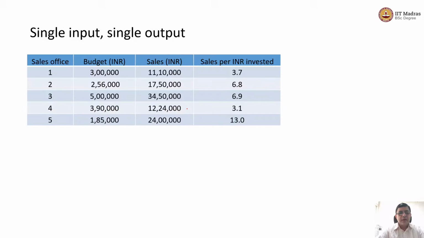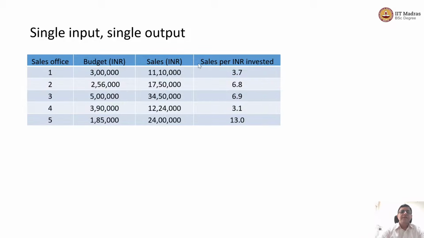Let us say that various sales offices have a certain budget allocated to them, and based on the marketing budget that they are allocated, they need to generate some sales. So let us take this set of 5 sales offices. Their budgets are different, obviously, because of management decisions, and the sales that they are able to generate from that geographic location or from their business circle of influence is also quoted in INR.